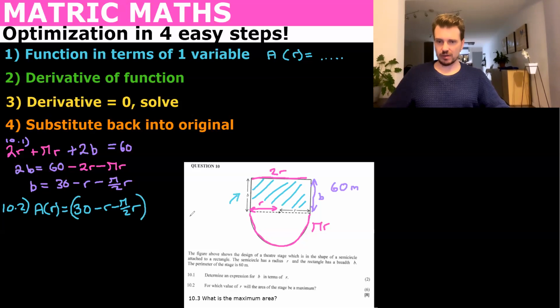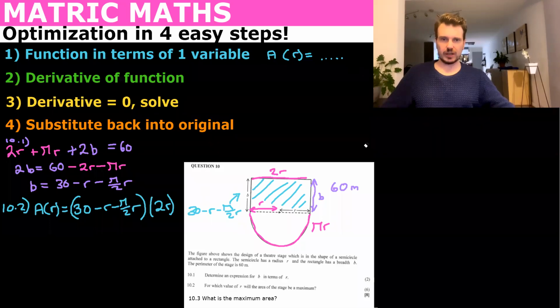Because we were told in 10.1 to get a function for b in terms of r, b is actually just 30 minus r minus pi over 2r. I'm going to use that, multiplied by 2r. Then we're going to add the area of the semicircle.